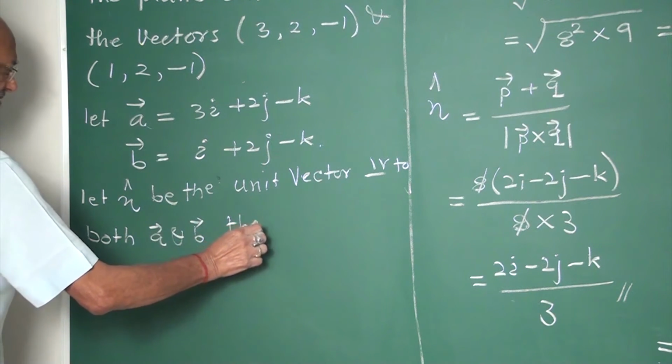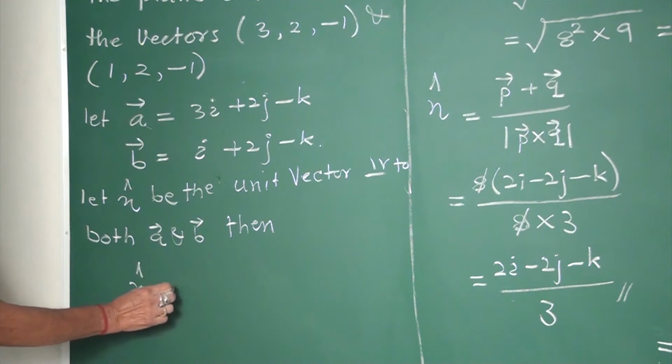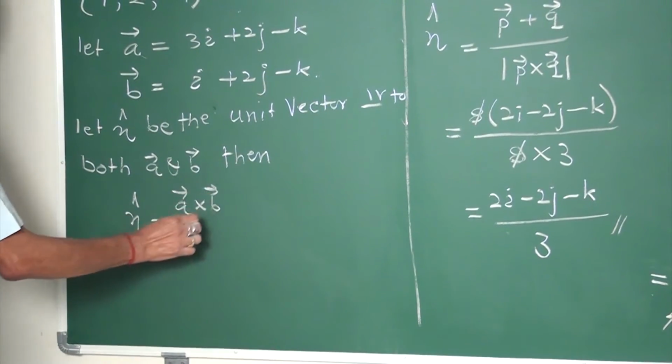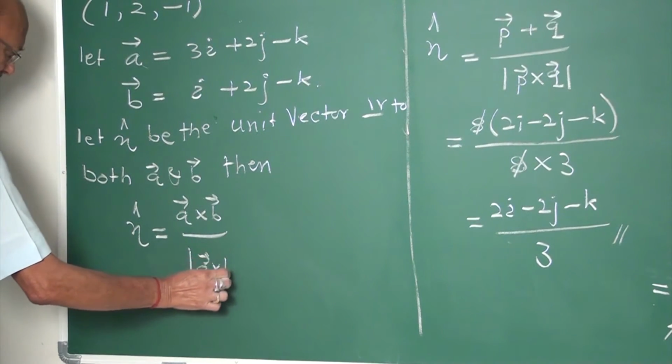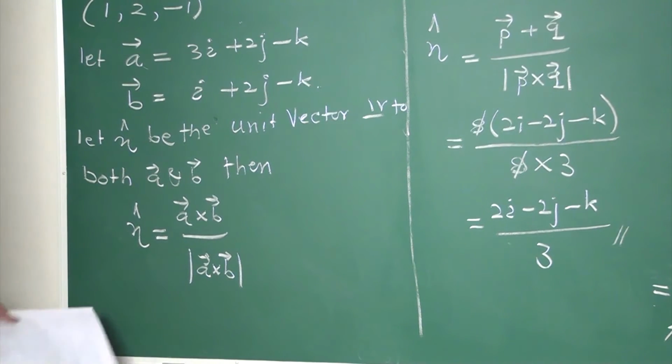Then, my friend, eta cap is A cross B upon magnitude of A cross B. First you have to find this value.